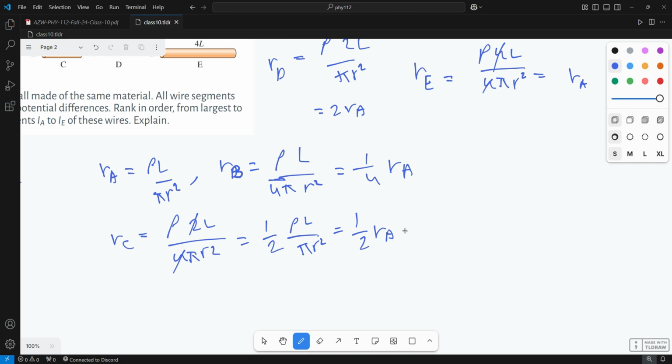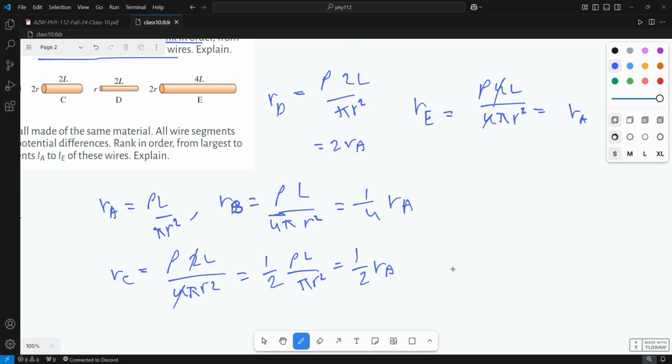So if you rank them from greatest to smallest, first comes Rd, then comes Re, which is equal to Ra, then comes Rc, and lastly Rb. And just rank them like this.